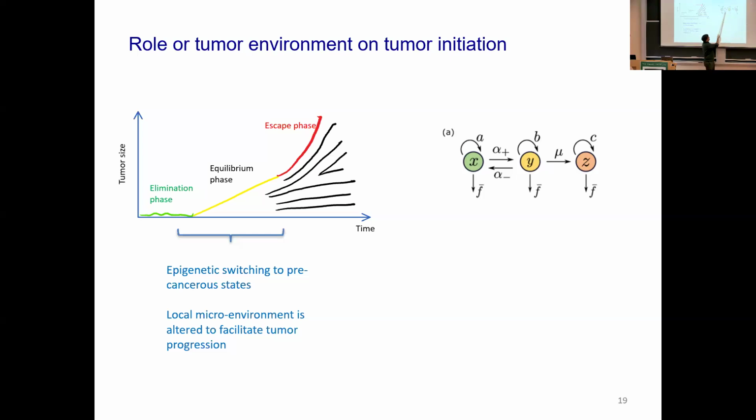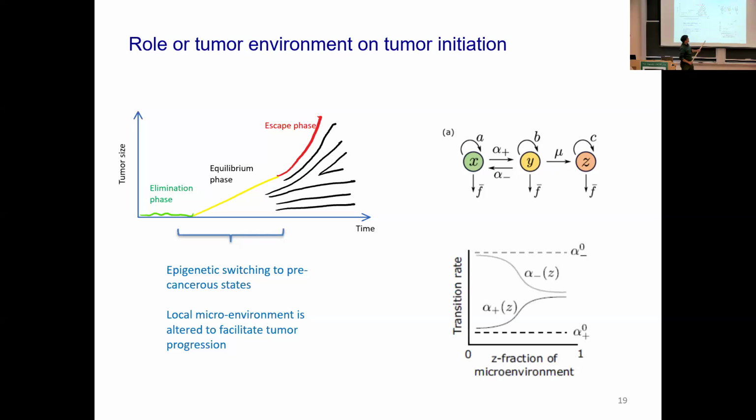We wanted to see first, what does this epigenetic switching do? But the second is there's a feedback. The way we think about feedback is that the rate of this switching really changes as the local environment has more and more tumor cells. These tumor cells now drive this rate forward. So as you get more cancer cells, they're pushing these X's to turn into Y's more and more.